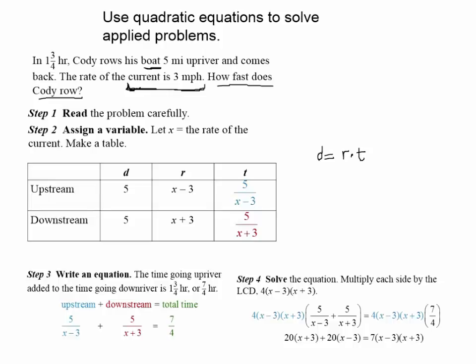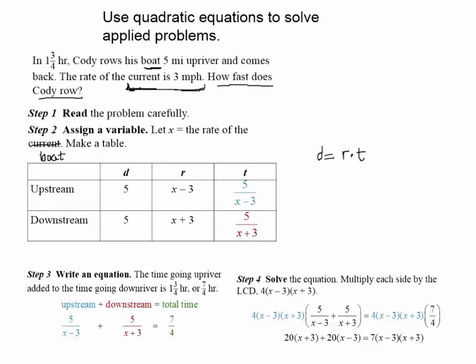So it looks like we have a misprint here. We want to let x be the rate of the boat, not the rate of the current. This is a misprint here.